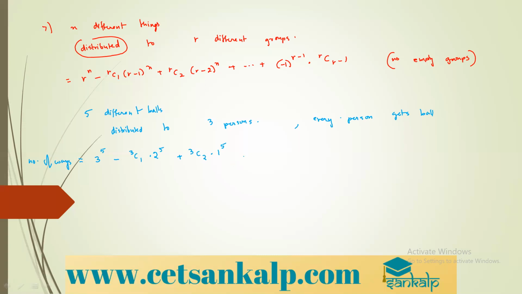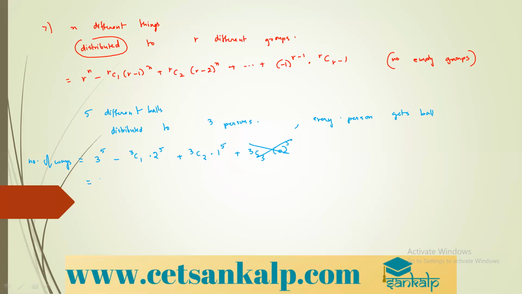You can't go more than that. Even if you take the next term, 3C3 into 3 minus 3, 0 power 5. That's why I'm not taking this term.